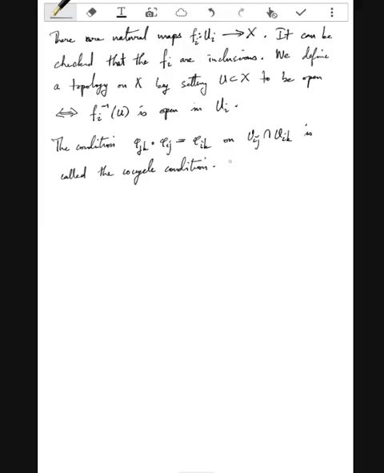So this condition is naturally motivated as we see now.